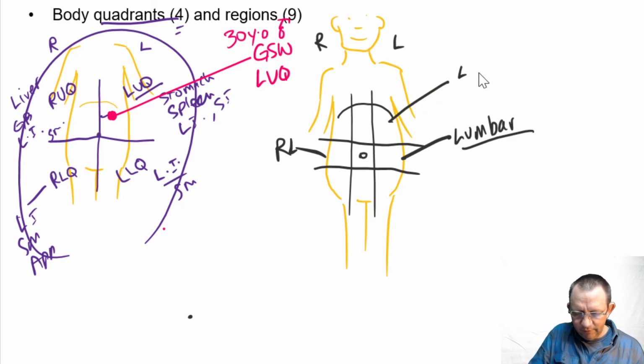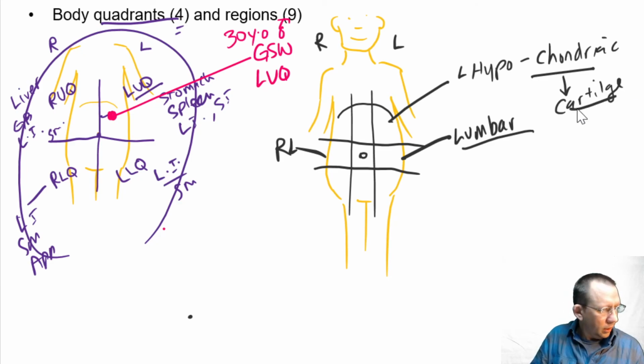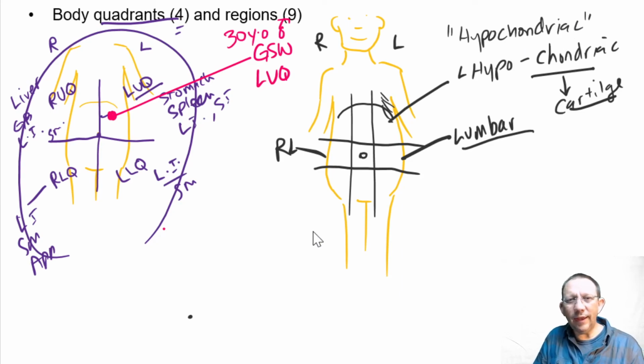This side is called the left hypo, which means below, chondriac. Now, chondriac means actually cartilage. Okay, the cartilage of the ribs is here, and typically we understand the word hypochondriac, there it is, as being someone who's faking it.